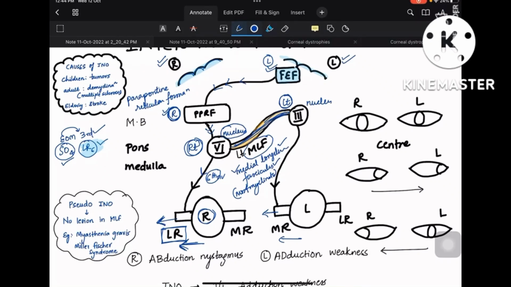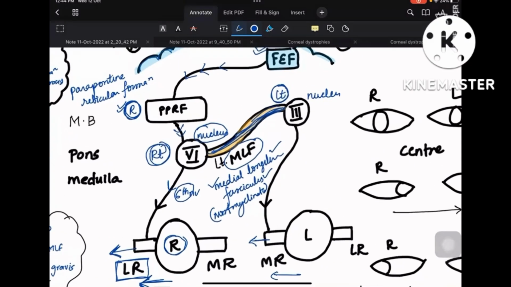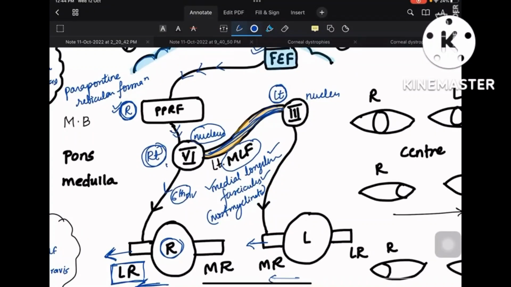You name the side of that MLF based on the third nucleus to which it is supplying. See, it is starting from the sixth nucleus on the right side and ending at the third nucleus on the left side, right? So you have to name it according to the third nucleus, which is left.